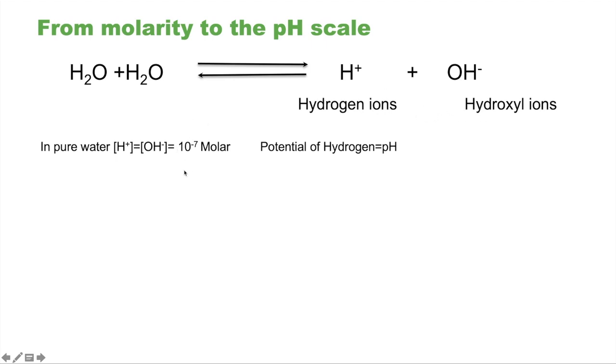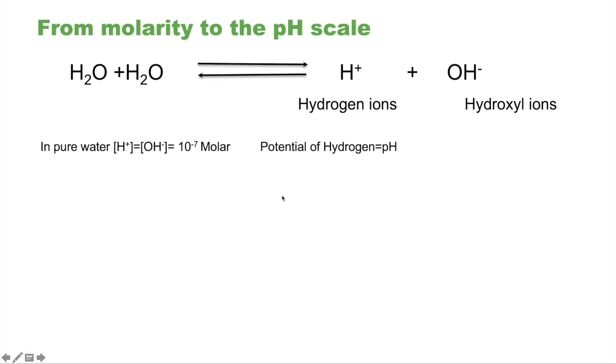Now, instead of keep referring to large numbers, when we look at solutions that are very acidic, where you have a huge number of hydrogen ions, or solutions that are really basic, where you have really low numbers of hydrogen ions, you have to keep giving these numbers that have a big decimal or very small exponents.